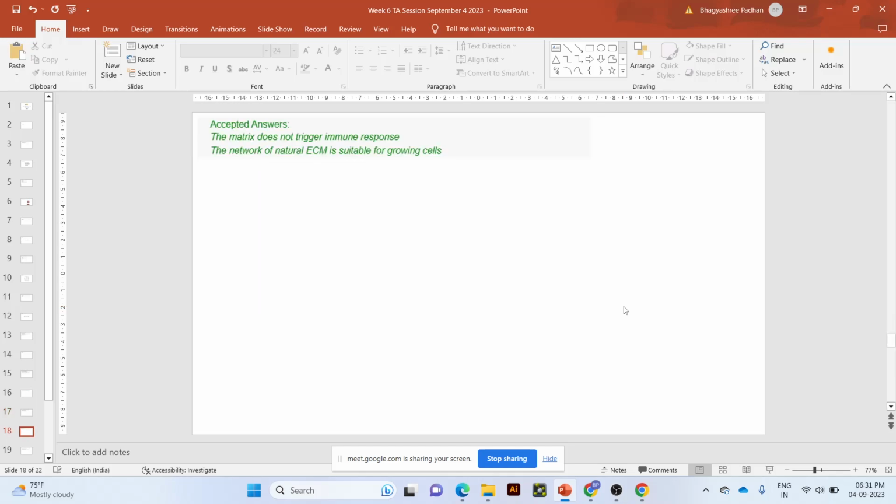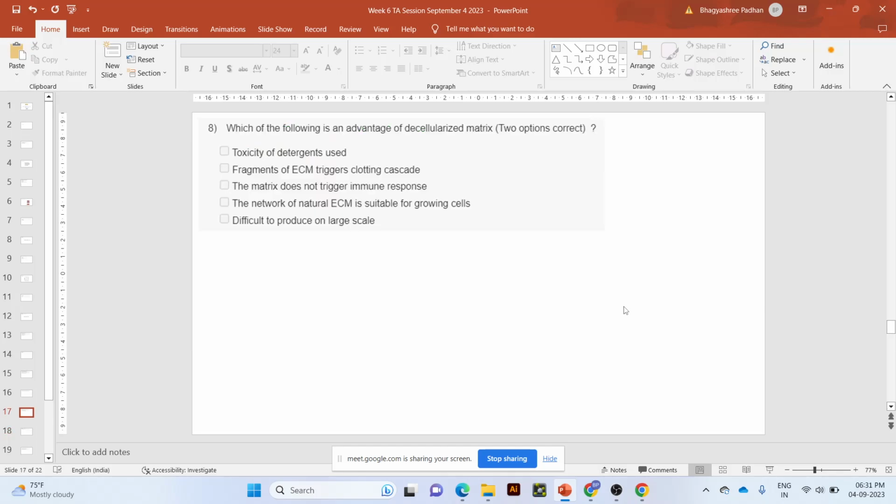Third and fourth are the correct options. The matrix does not trigger immune response. The network of natural ECM is suitable for growing cells. The rest of the options, toxicity of detergents used, fragments of ECM triggers clotting cascade, difficult to produce on large scale, are basically the disadvantages of decellularized matrix.